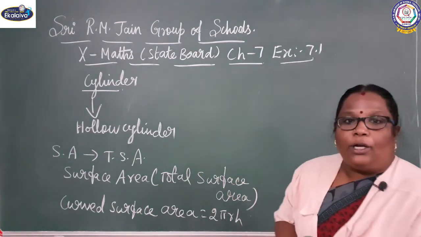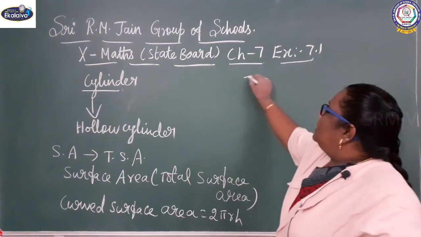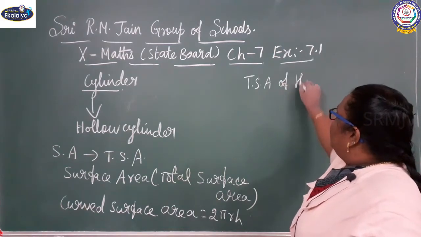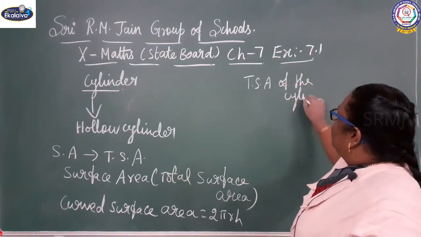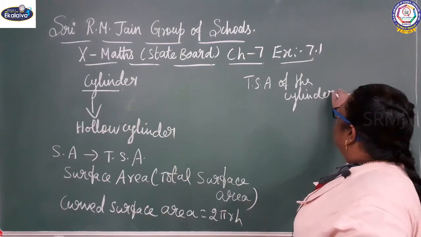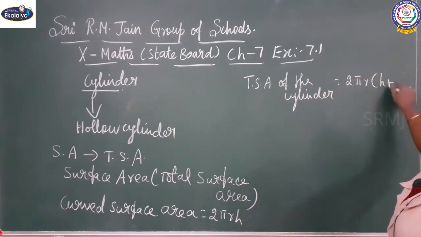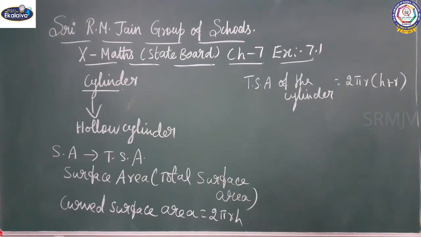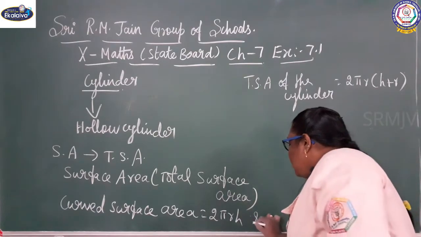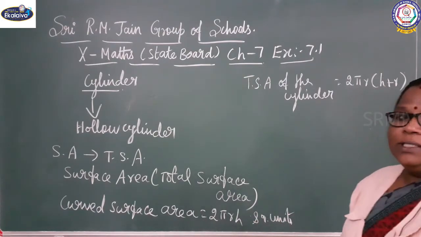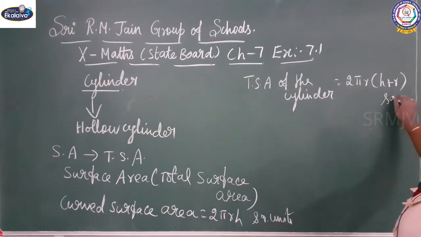Total surface area of the cylinder equals 2 pi r into (h plus r) square units.